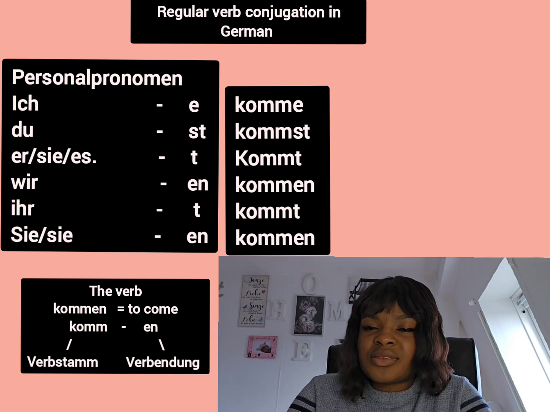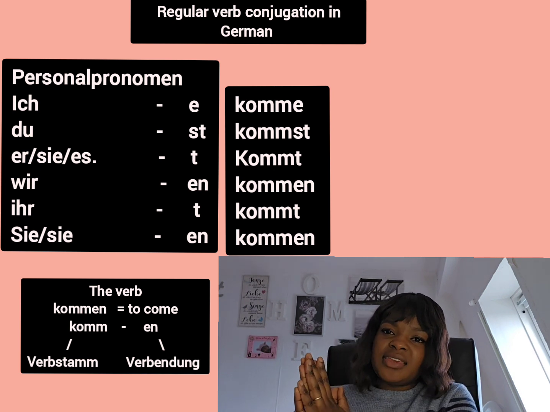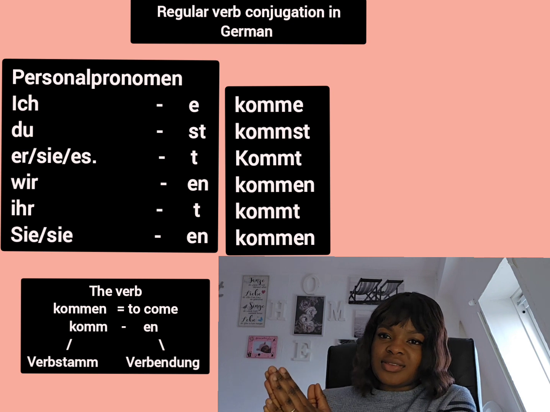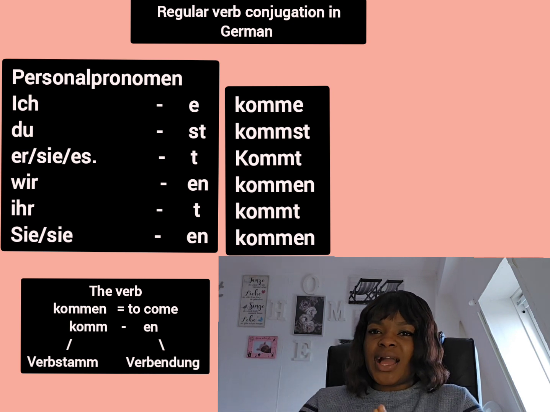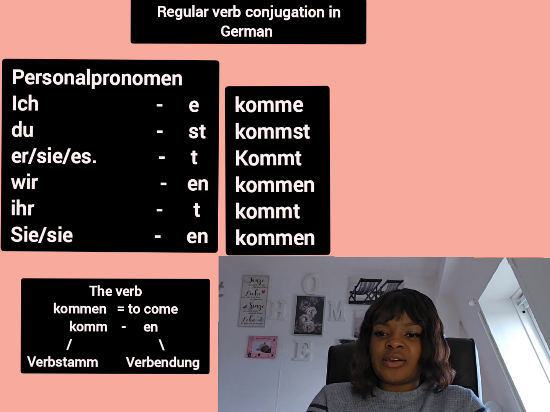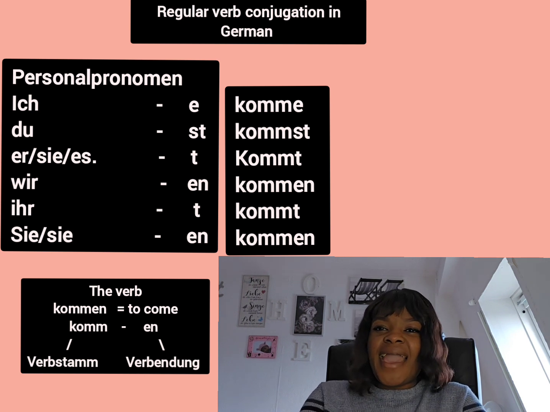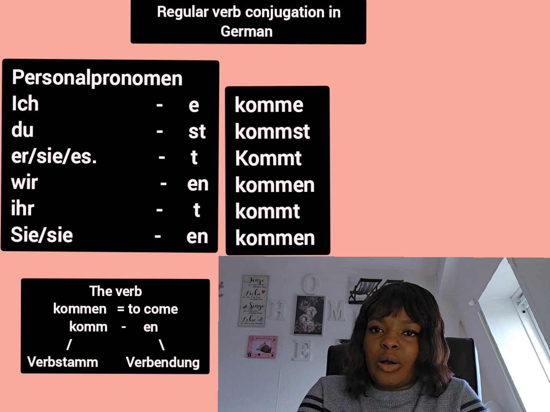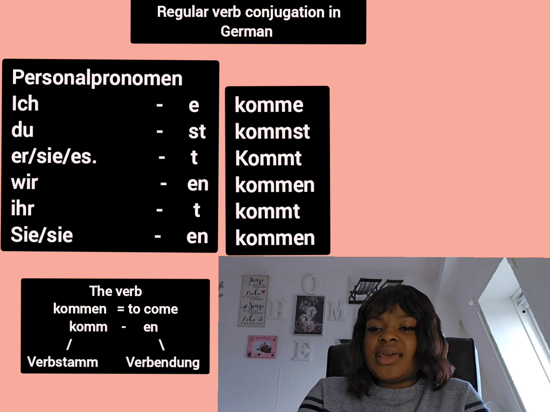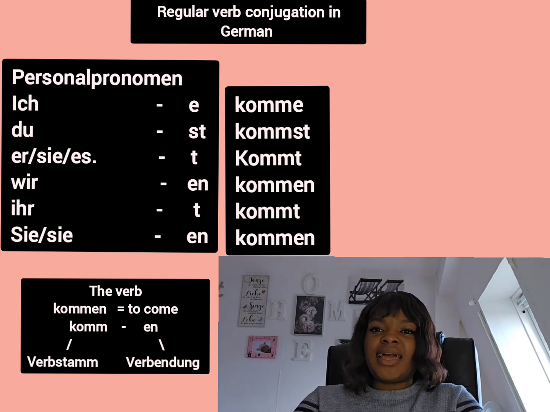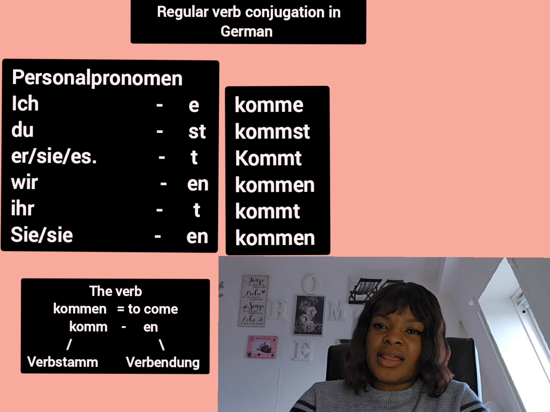Du kommst. We remove the en, the infinitive form from it, and we add the ending for the second person. Du kommst. Er kommt. Then wir kommen, like I said, wir, the plural, takes the infinitive form.